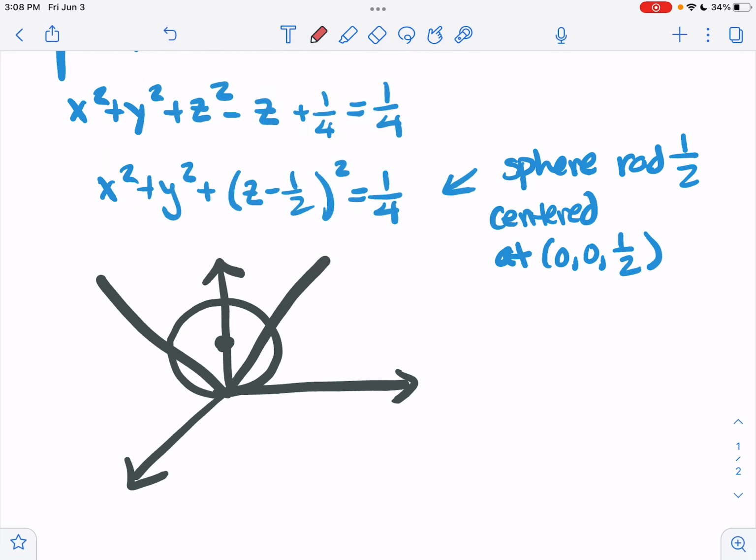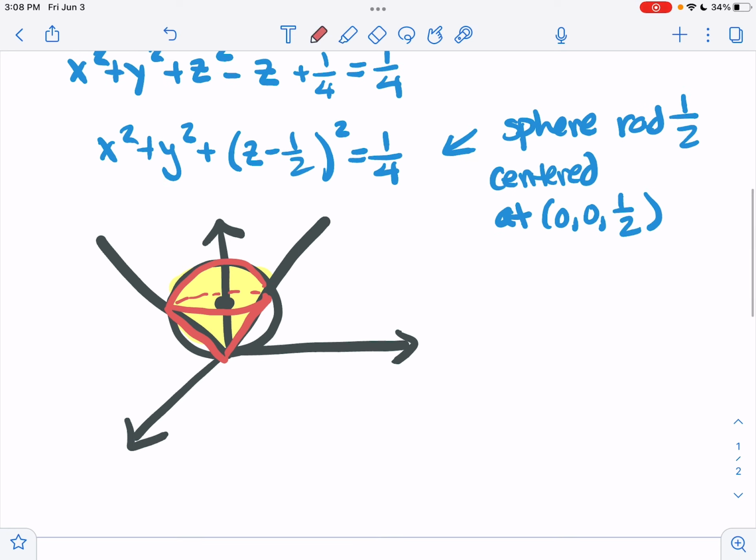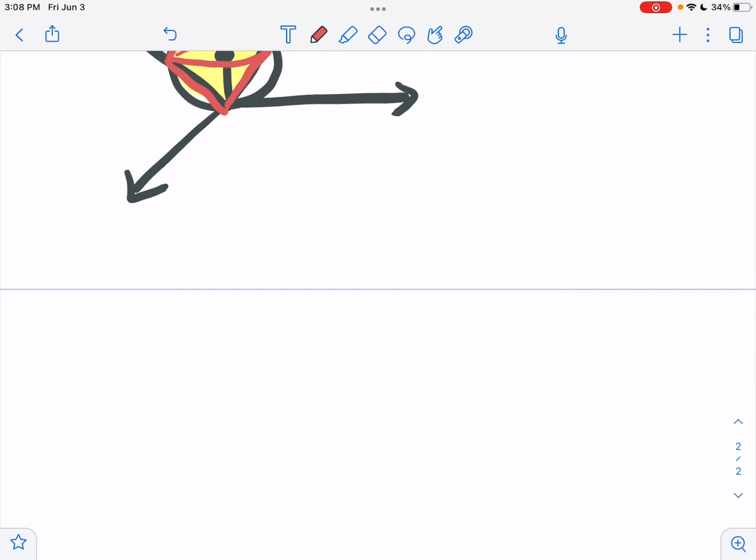So that's our sphere. And guess what? It's another ice cream cone, just a different one than what we've been doing before. In the previous problems with ice cream cones, we had the sphere dipping below the xy plane. In this case, the sphere is sitting on the xy plane. And now we've got everything we need to set this up and do this problem.